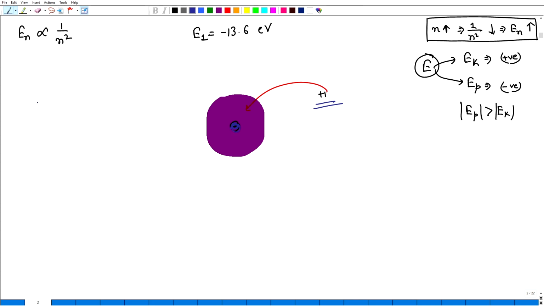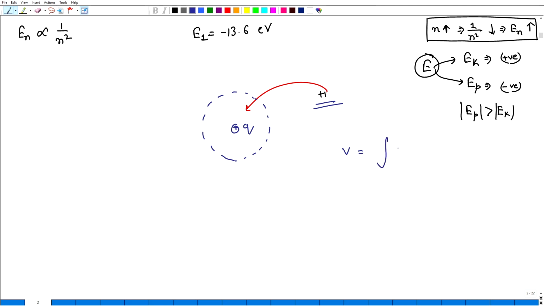Here we are considering that any plus charge is there. Now this is the electric field. If you bring that unit positive charge into the electric field of this charge, let us say q, then you have to provide the energy, then only it will come. Let me write it clearly. So, what was the definition of potential?